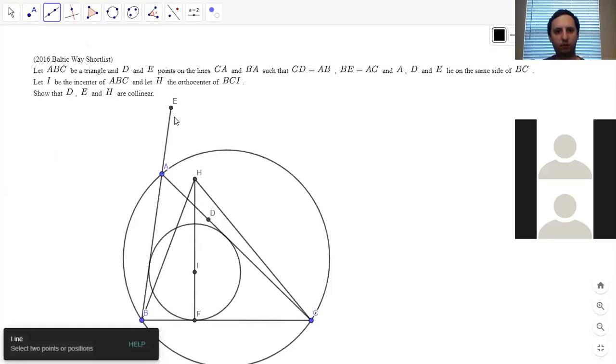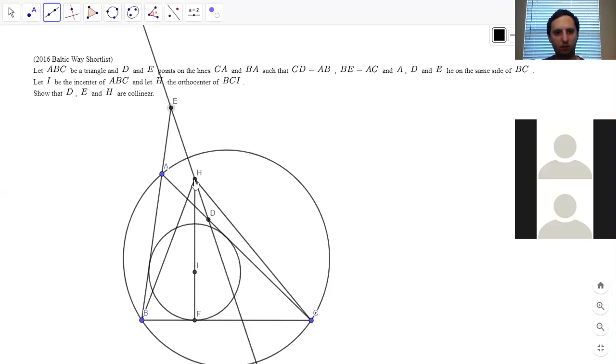All right. I wonder if this meets it at like the antipode of A. Oh yeah, it does meet it at the antipode of A because AE is equal to A, or I think it is.